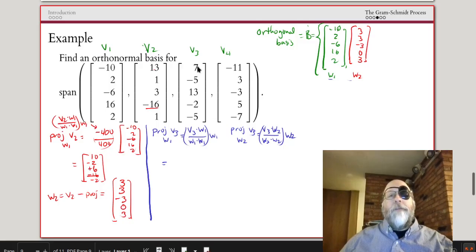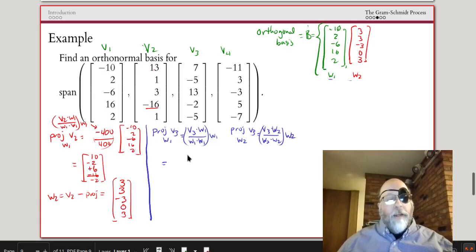All right. V3 dot W1 is going to be 7 times negative 10 is negative 70. Negative 5 times 2 is negative 10. 13 times negative 6 is negative 78. Negative 2 times 16 is negative 32. And negative 5 times 2 is negative 10.